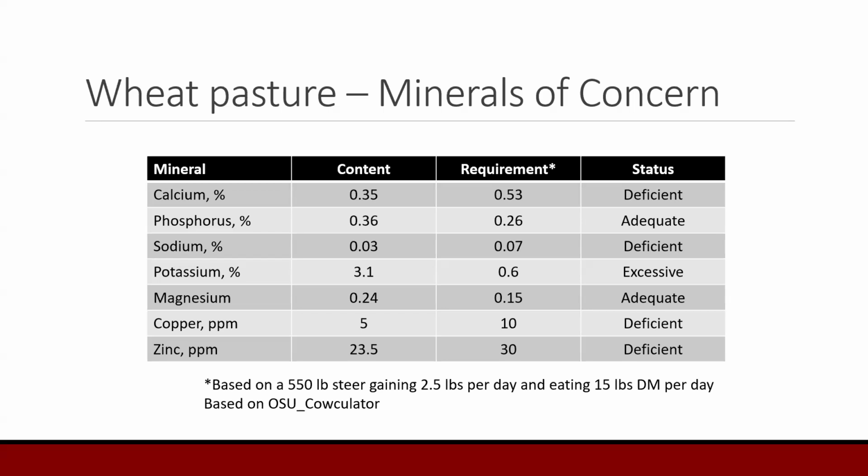Is that greater than 2.2? So these cattle would be at risk for grass tetany. So even though we're adequate on magnesium and we're deficient in calcium, we need to add calcium and magnesium to get underneath that 2.2 threshold.